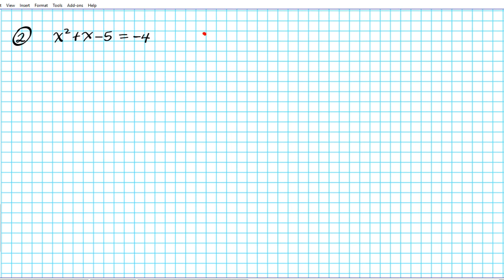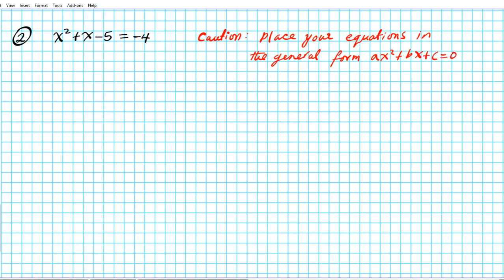Okay, so caution: place your equations in the general form. What is the general form? ax squared plus bx plus c equals 0 form first before finding a, b, and c.